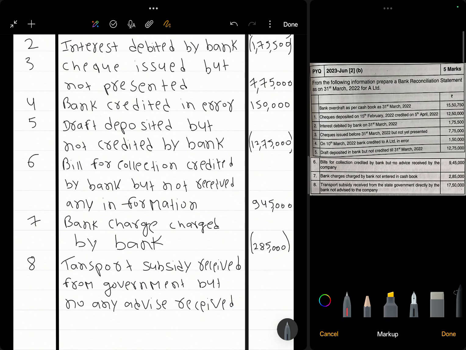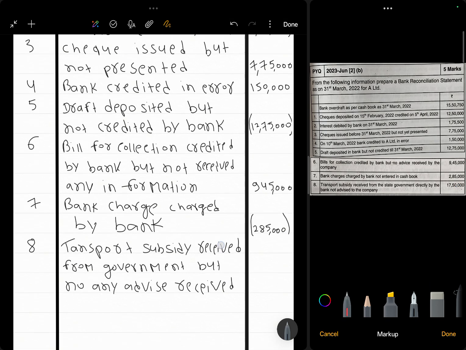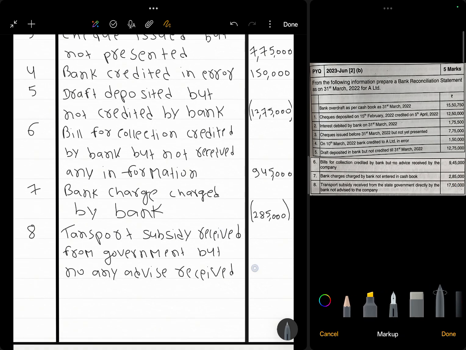So in our passbook the amount has been increased, so we are also going to increase this amount by 7,15,000. So what will be here? 17,50,000. Okay, so that's all of our questions.